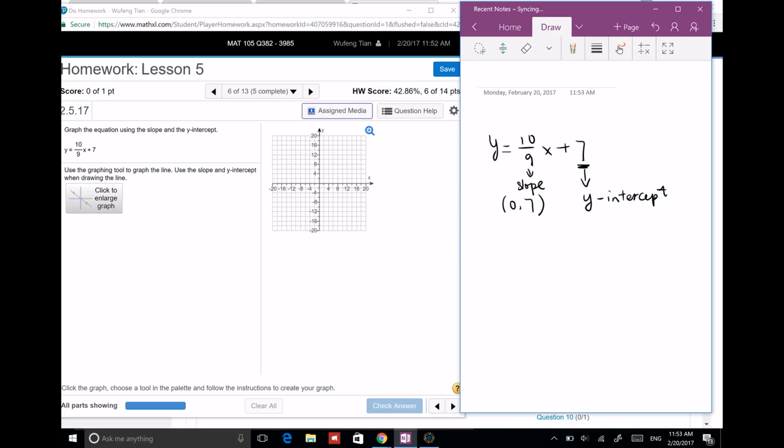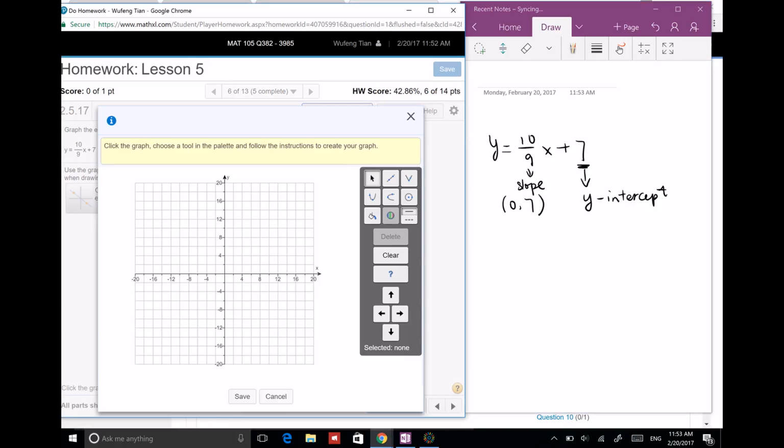So we're starting from, we can draw the picture, 0, 7. And then rise 10 over 9. 10 is going to be rise 10. 7 plus 10 is 17. So I need 9, 17.